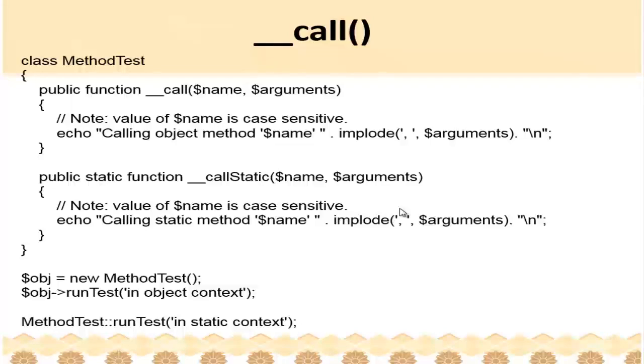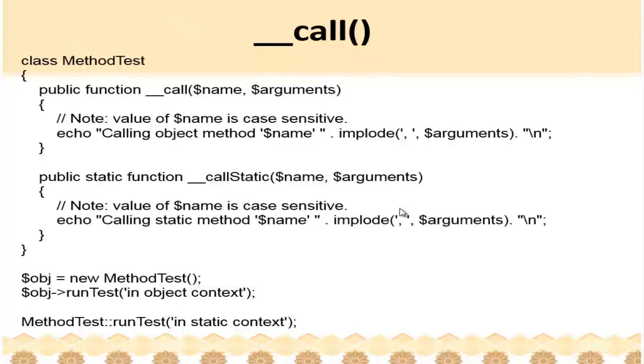This method is not there in the definition of the class. But when you call this method, PHP automatically calls __call. PHP checks and verifies whether this method exists in a given class. If it is not there in the class, and if you have declared __call, it will automatically call __call and pass the arguments to it.